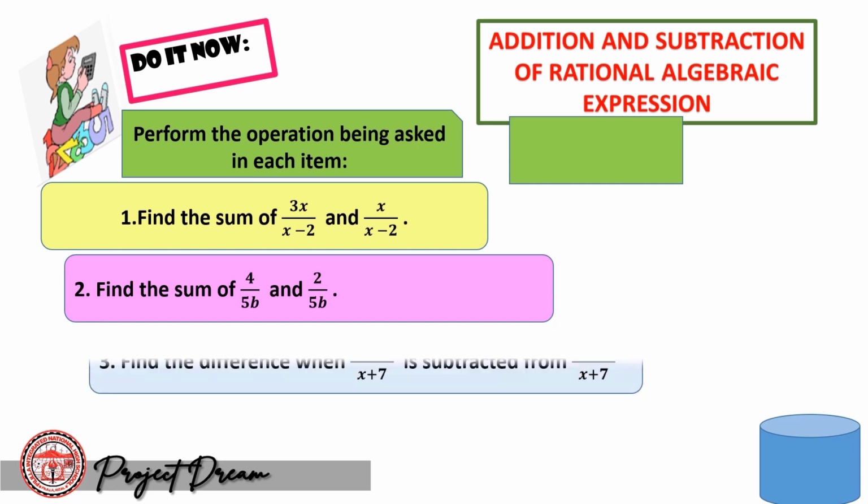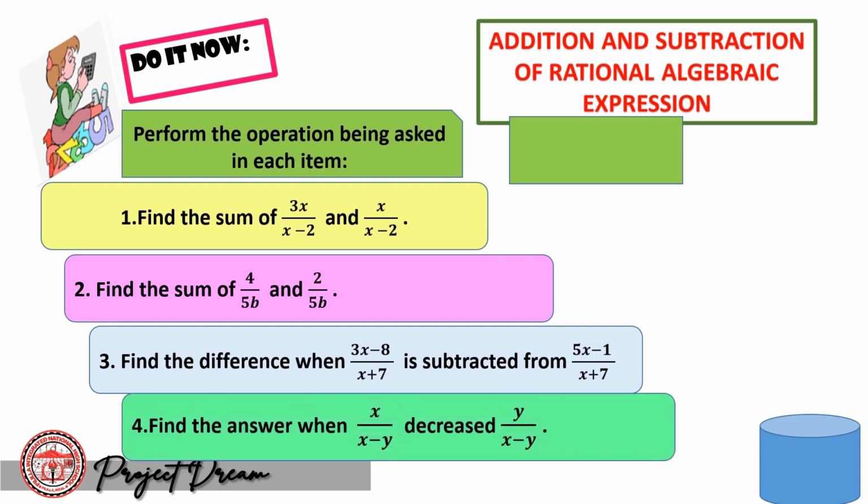Number 3, find the difference when 3x minus 8 over x plus 7 is subtracted from 5x minus 1 over x plus 7. And number 4, find the answer when x over x minus y is decreased by y over x minus y.